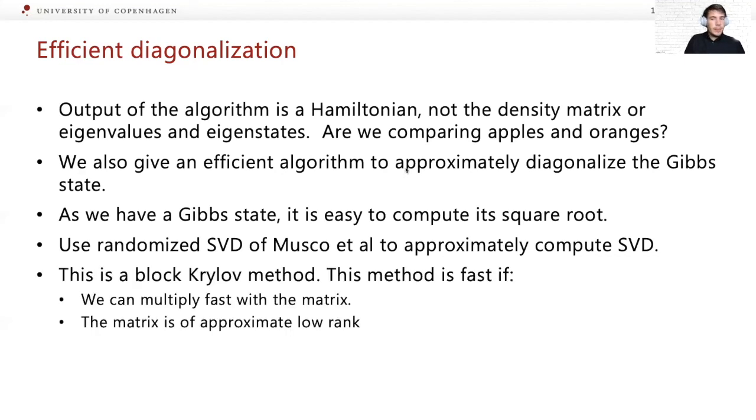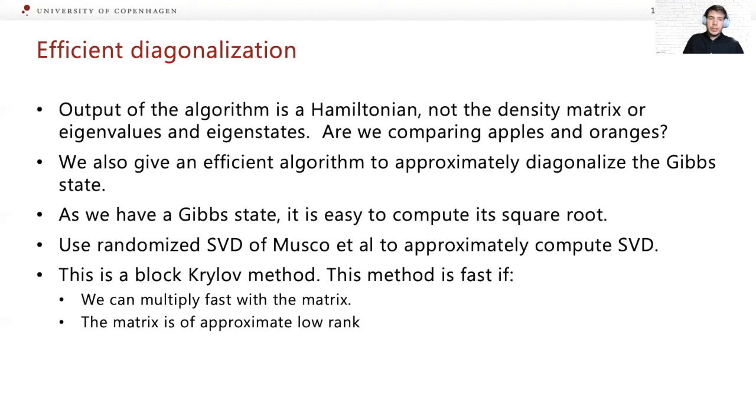These randomized SVD algorithms are so-called block-Krylov methods, which means that they just work by repeatedly multiplying some vectors with a matrix. And as mentioned before, as we have this highly sparse structure, we can do vector-matrix multiplication more efficiently.